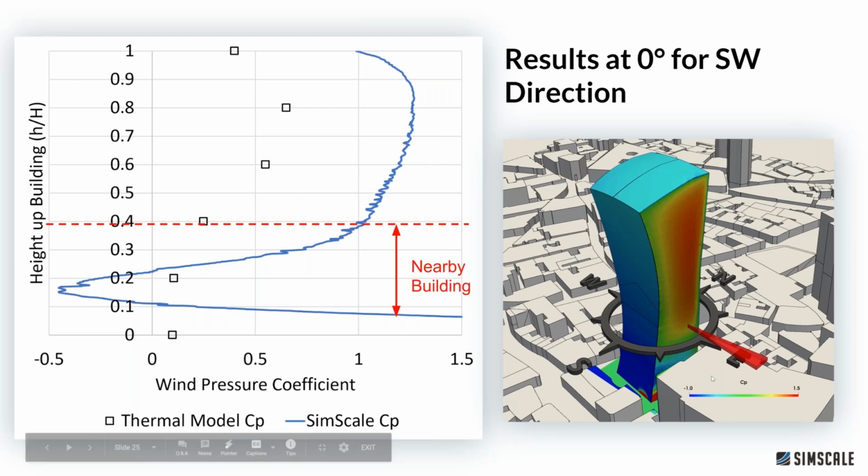However, where it's shielded below the height of that surrounding building, you've actually got a much lower pressure coefficient than you would get predicted for the thermal model. And I've illustrated the building height with this red line here. Yeah, if we look at this in the context of what I was talking about earlier, this is critical, and I don't think this is something we really talk about enough.